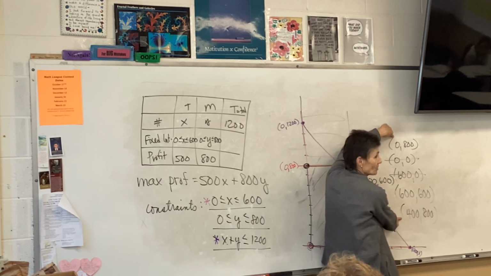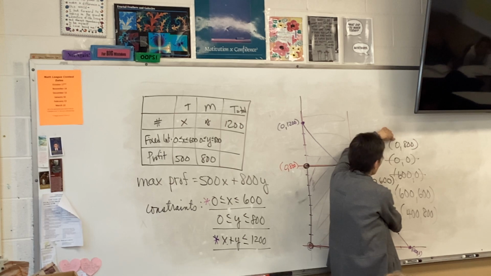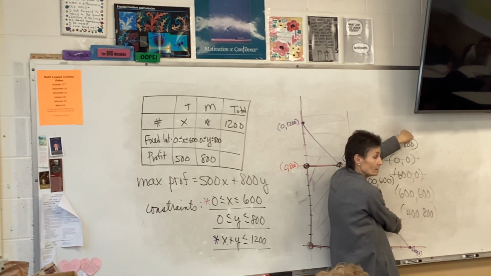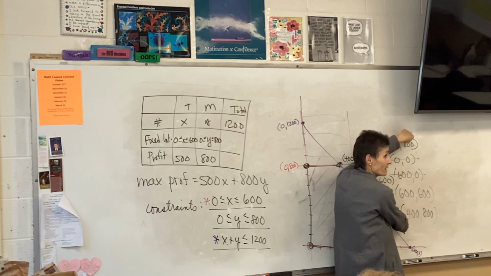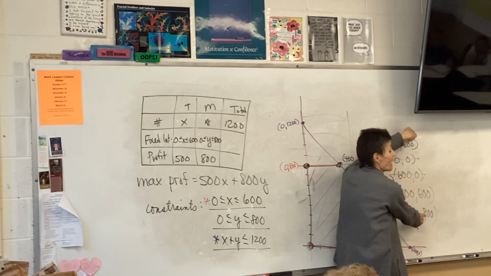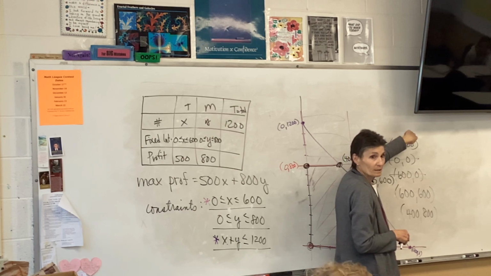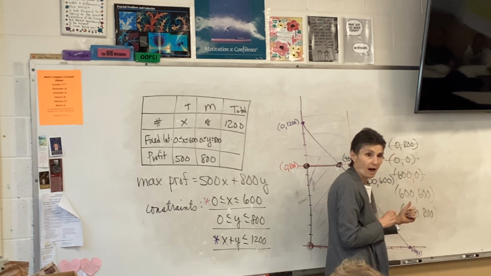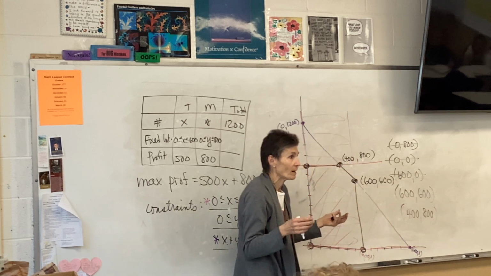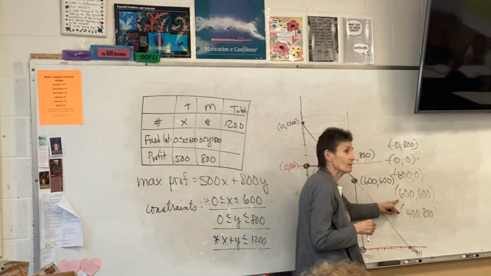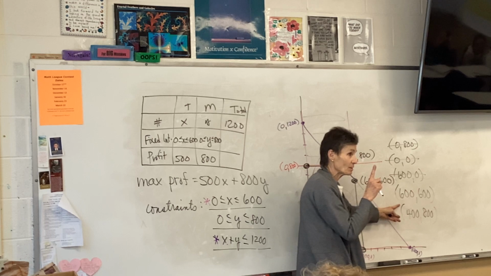Likewise, what about these two? This one says don't make any topaz and 800 Mustangs, or make 400 topaz and 800 Mustangs. Well, clearly, this one's not going to win. I am looking for the biggest profit, right? Now, I have no idea which of these, so I'm going to evaluate them.